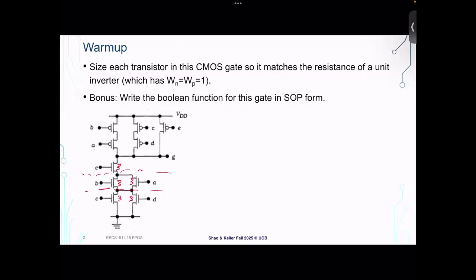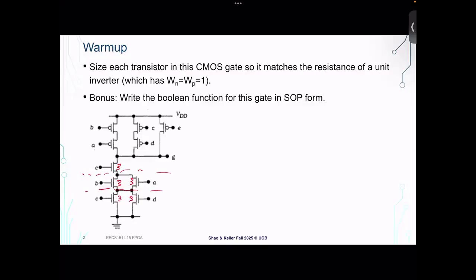It's a common shorthand to just write the transistor widths inside the transistor like this as a shortcut for how we diagram the sizing inside a logic gate. So the answer I've written here is correct. You'll notice that I sized, for example, the A and B transistors the same, and the C and D transistors the same. Can someone explain why all of those transistors are 3?